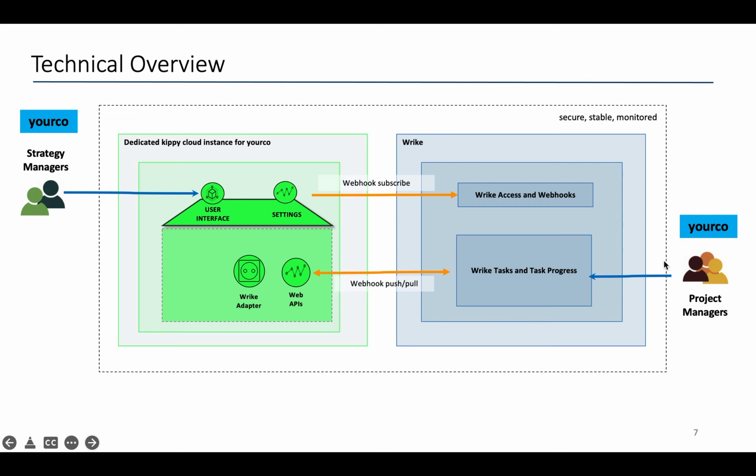Project managers will be pushing new values into the ERP system. And after some initial configuration by the system owner, the two systems will be connected and be able to communicate with each other so that any new values in Wrike are pushed to Kippy.